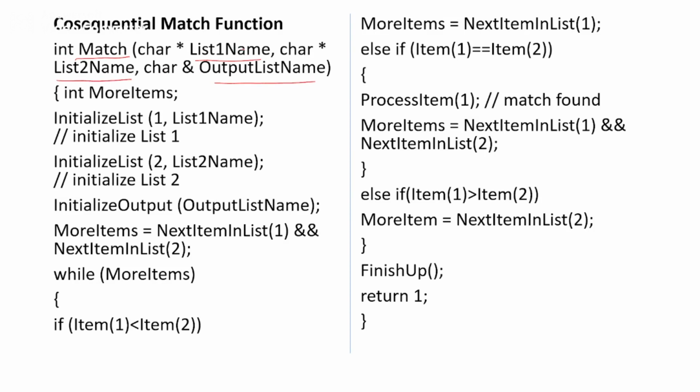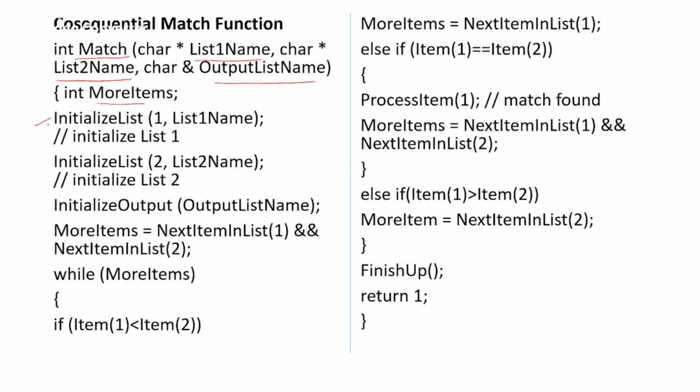List 1 name is the name selected from list 1, list 2 name is the name selected from list 2, and output list name is the matched list, whichever you want to put as the output list. And you have one more variable called more item.